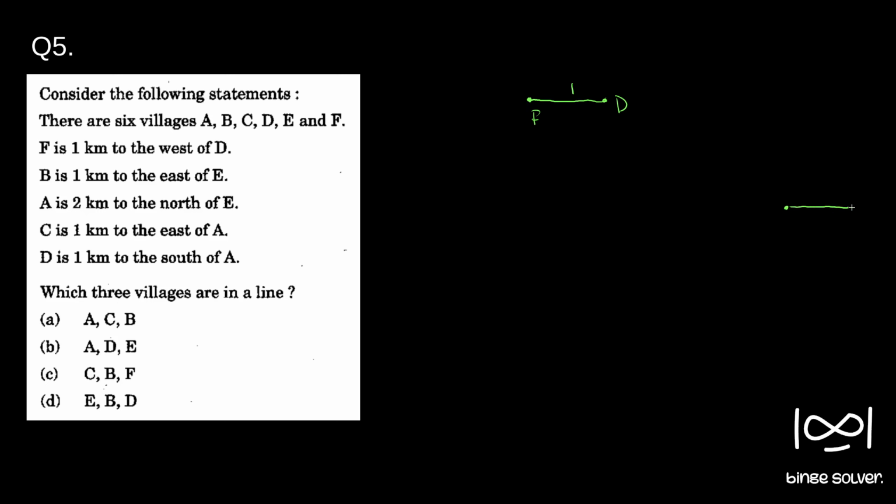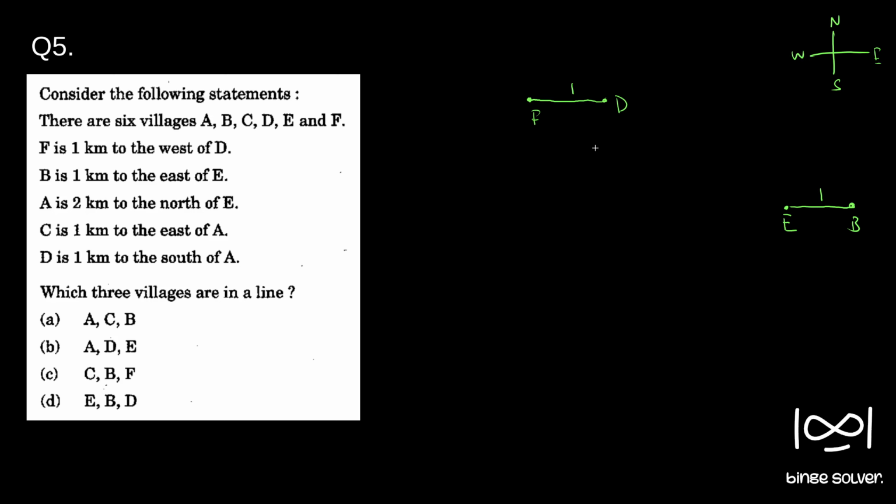E, B. B is 1 kilometer east of E. So the directions we are using are north, south, east, west. Okay.